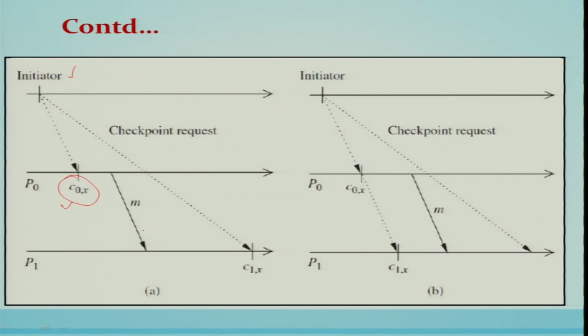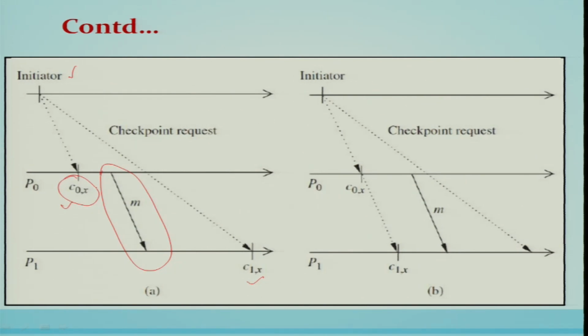Then the initiator's request will come at this instant. Basically the clocks are not synchronized, or the communication channels have sufficient delay, so that all the checkpoints are not carried out simultaneously, but in between these two processes' checkpoints, just see that there is a flow of message.